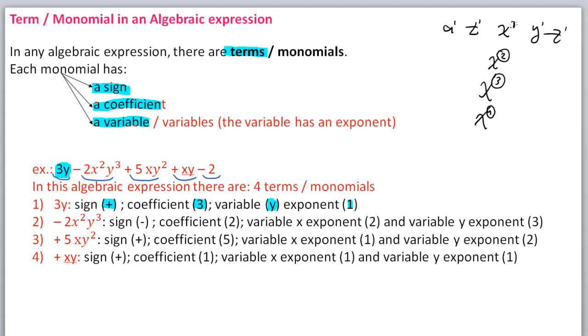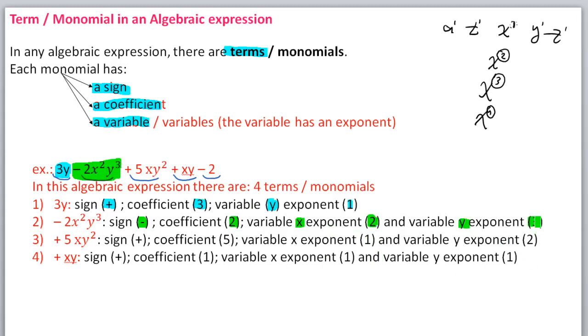So anyway, let's look at this term, which is negative 2x squared y cubed. Its sign is negative, its coefficient is 2, and its variable x has exponent 2, and the other variable is y with exponent 3.